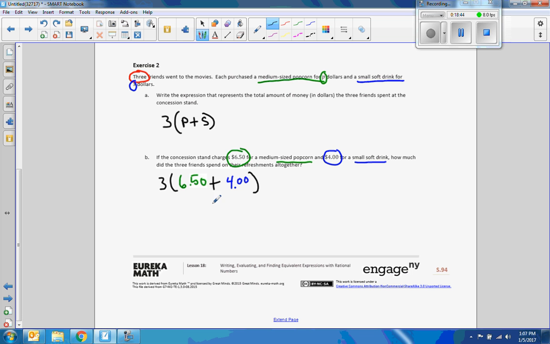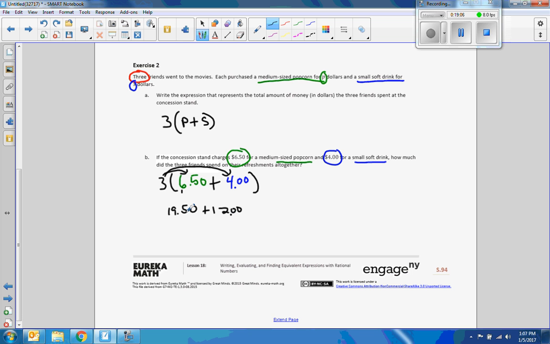Now there's 2 ways to do this. I will do it both ways. One way is to do the distributive property and multiply 3 times $6.50 and get 3 times 0 is 0. 3 times 5 is 15, with a 1 carried over. 6 times 3 is 18, plus 1 is 19. Okay, and then multiply the 3 times the 4, and that would be $12.